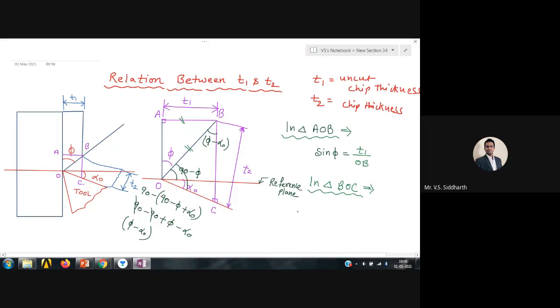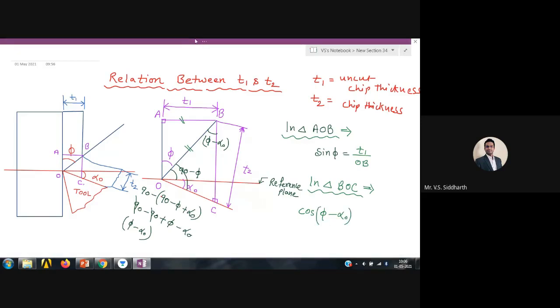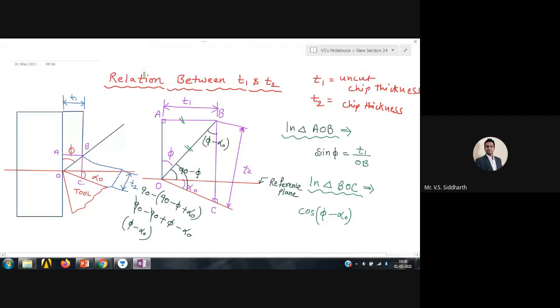What is cos phi minus alpha naught? In this triangle, I am asking you what is cos phi minus alpha naught. Tell me.